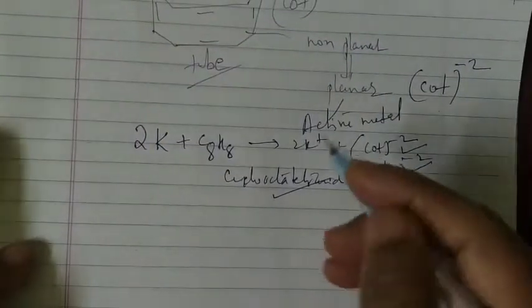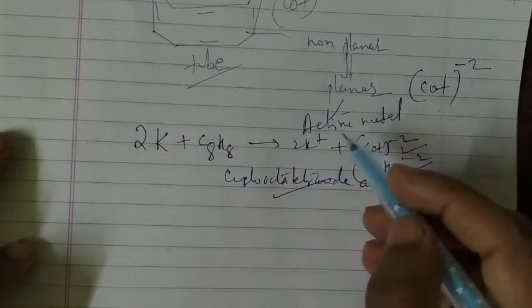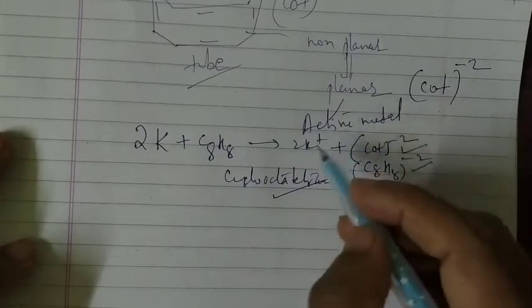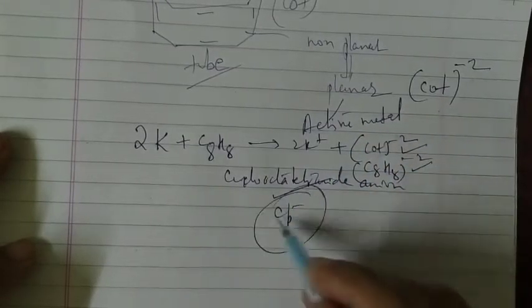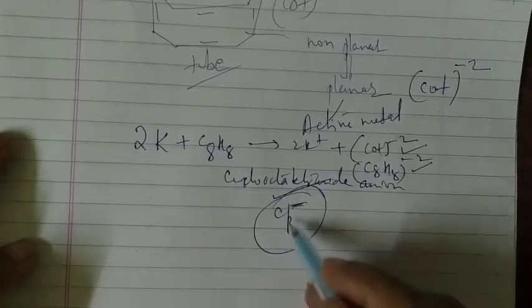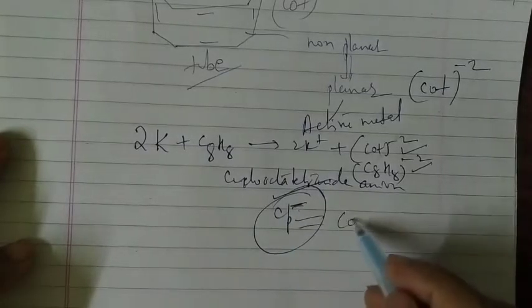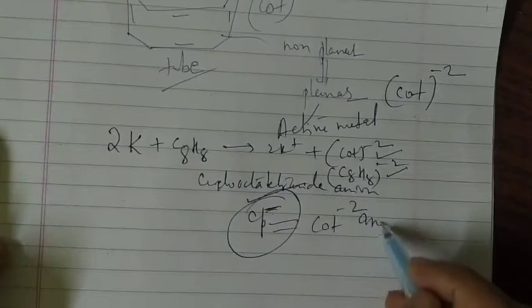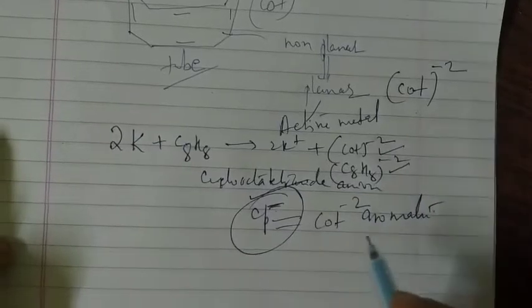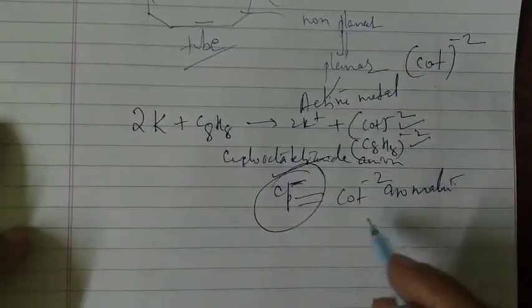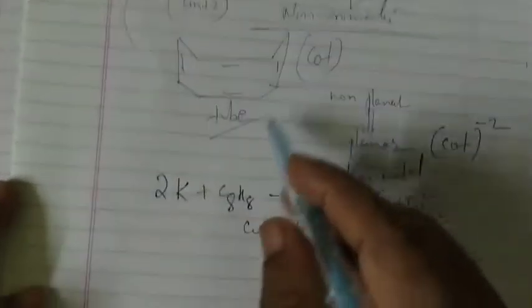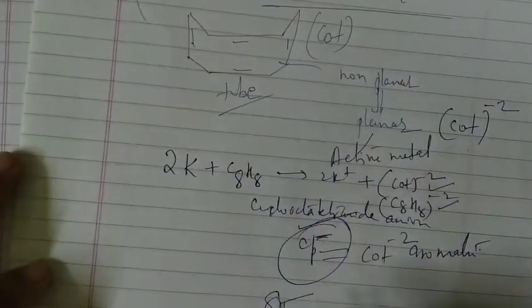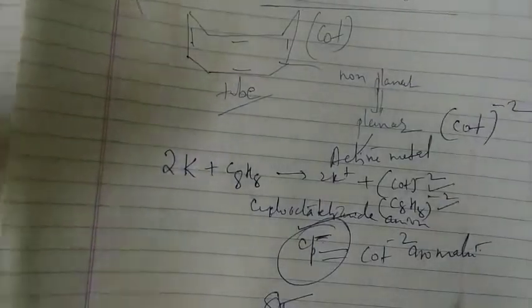Now what is fascinating about this compound is that it is aromatic in nature. Like the cyclopentadienyl anion we have studied, this COT minus 2 is also aromatic in nature. But how many pi electrons is it having? 2, 3, 4, 5, 6, 7, 8 pi electrons, so it has 8 pi orbitals.